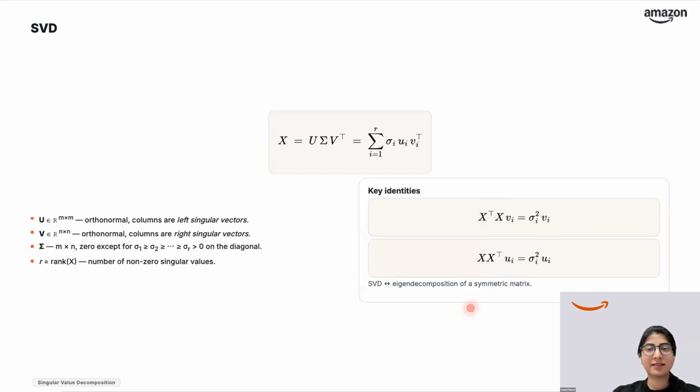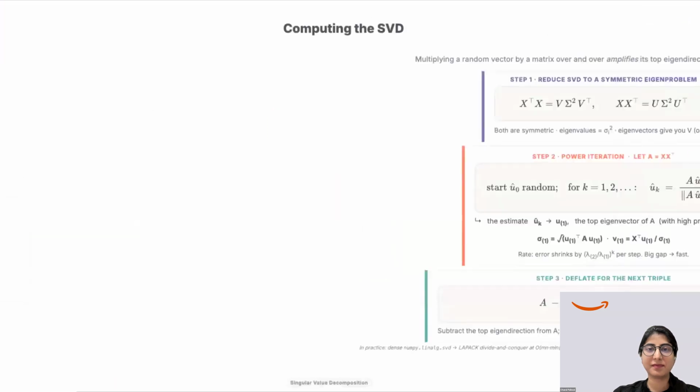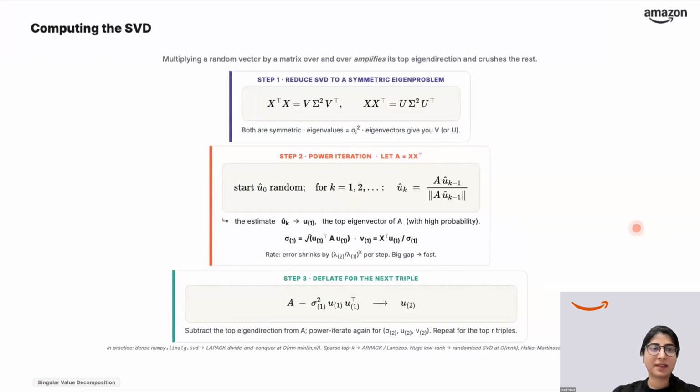So even though X is not square or symmetric, we can do the eigen decomposition of these symmetric matrices to determine U, sigma and V transpose.